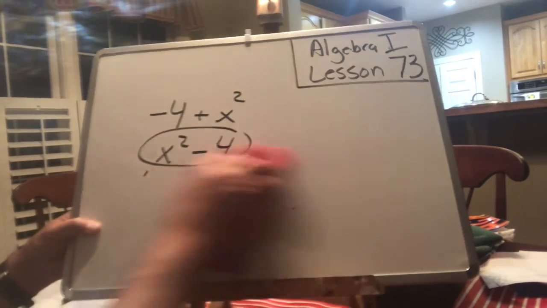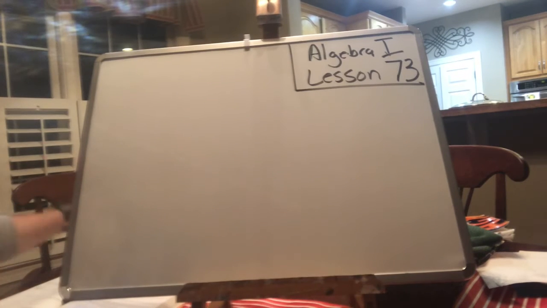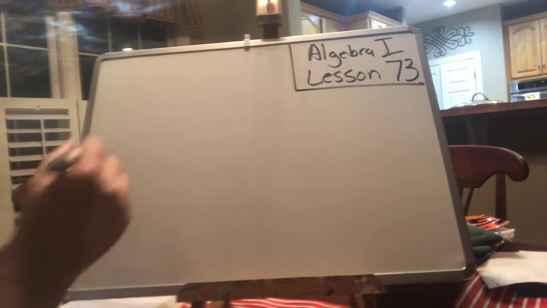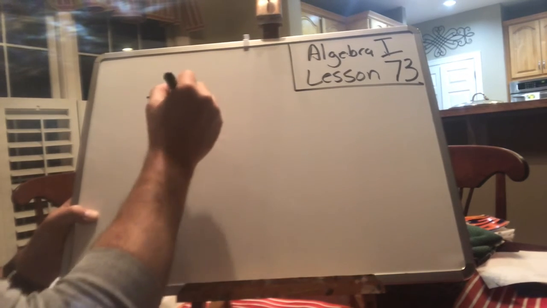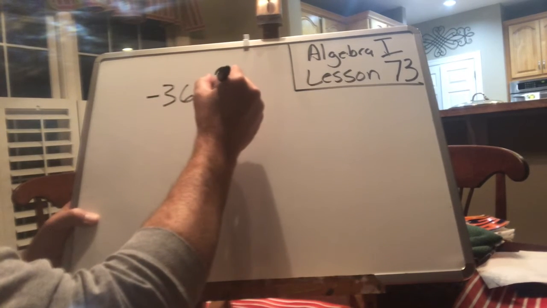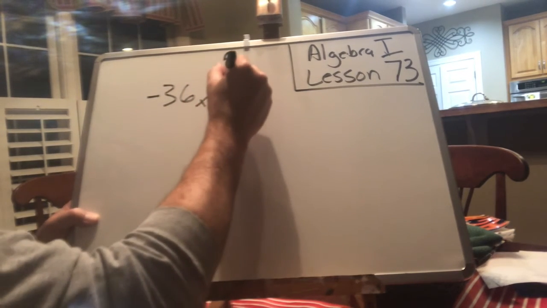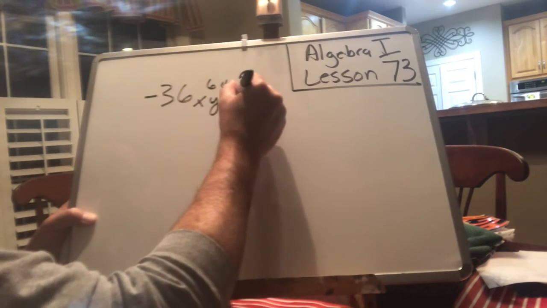And I wanted to do the last example. This is 73.4. We're going to be factoring two squares again. It starts off with negative 36x to the 6th, y to the 4, plus 49a squared.